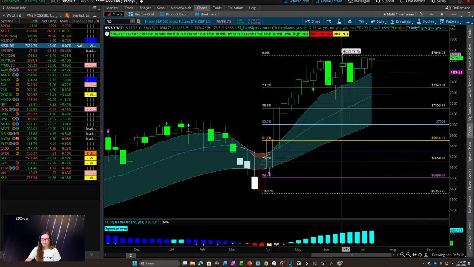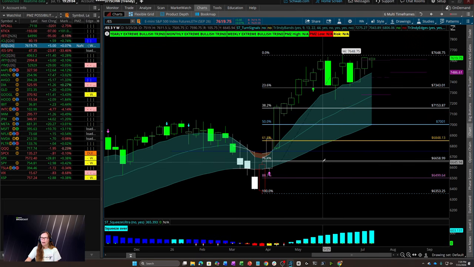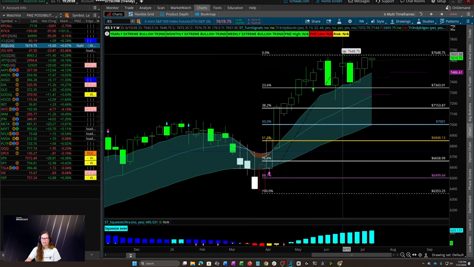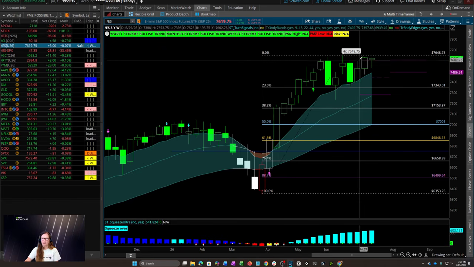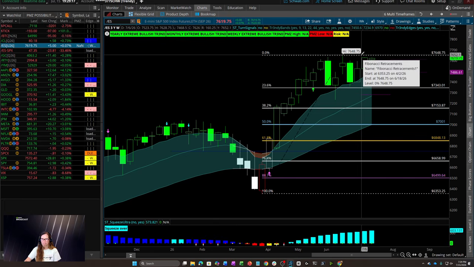All right. The way you can tell if you have it run correctly is that the 0 will be at the top and the 100 will be at the bottom when measuring an uptrend. All right?